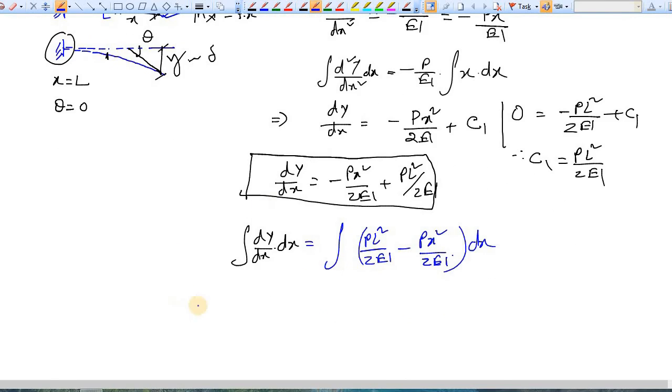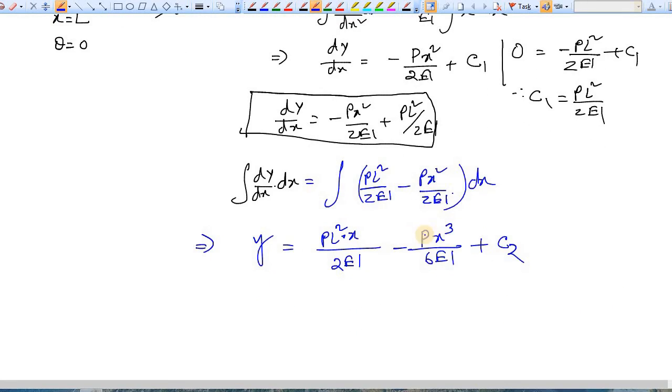Again integrate it, you will get the equation of deflection, y is equal to PL square x divided by 2EI minus Px cube by 6EI plus an integrating constant C2.